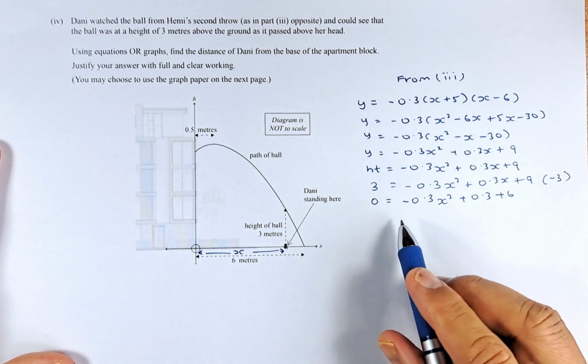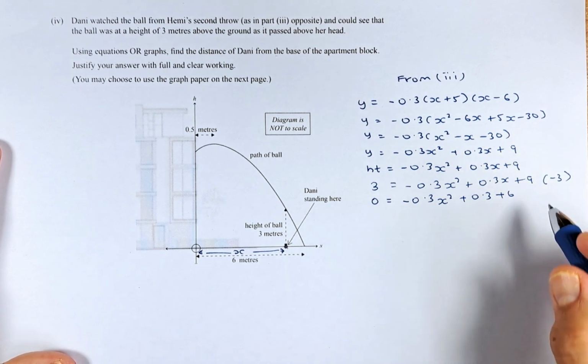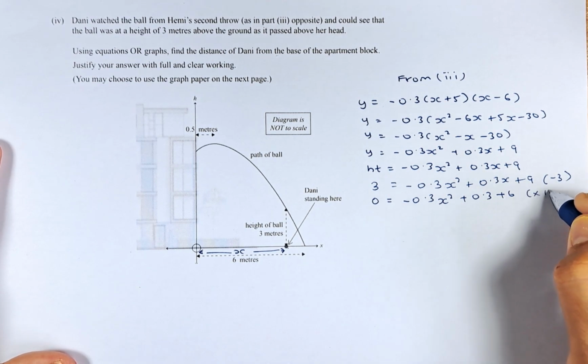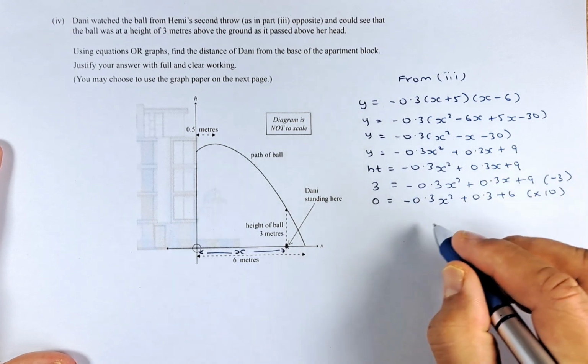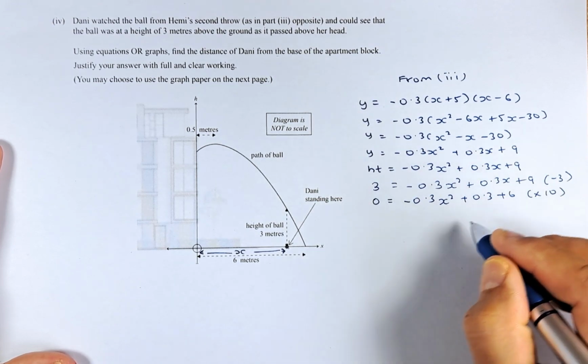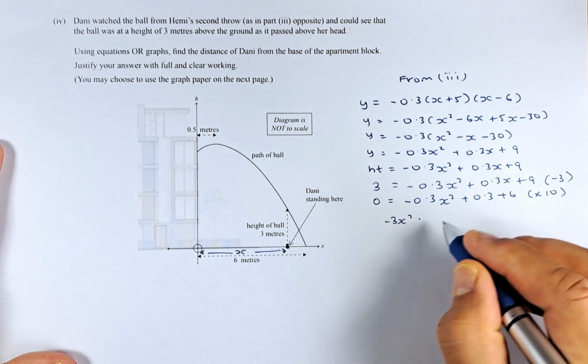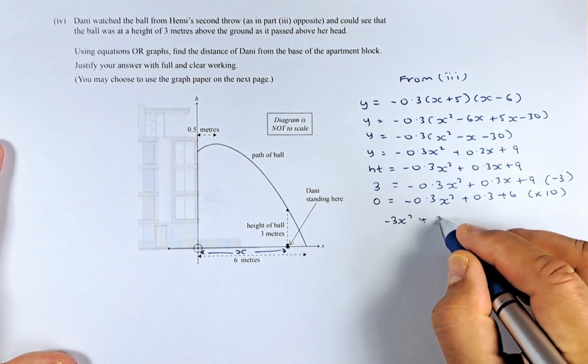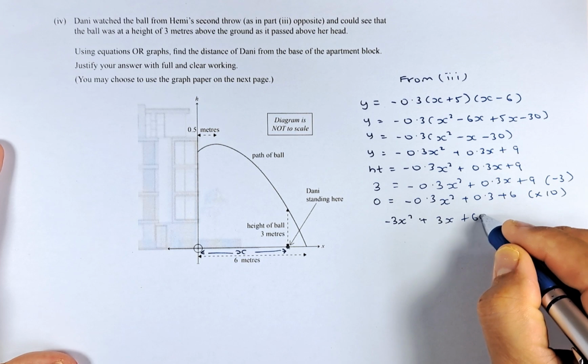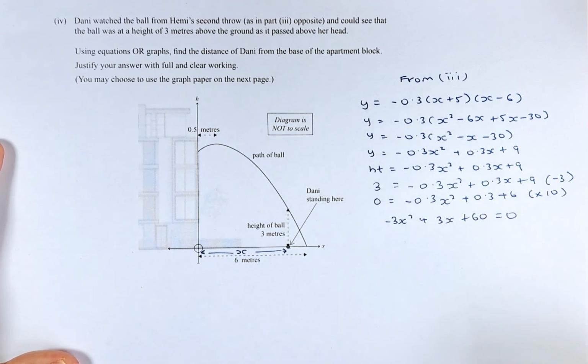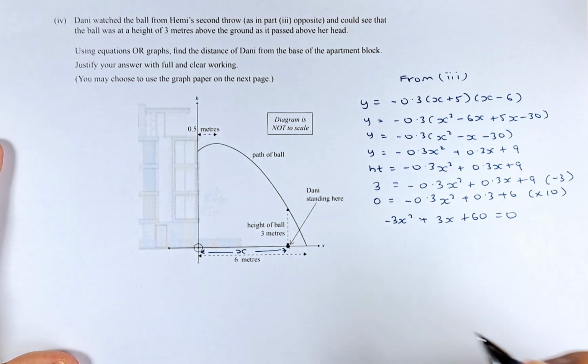Now, to get rid of the decimal, we are going to multiply everything by 10. So we're going to swap around, so 0 will be at the end there. So it becomes minus 3x squared plus 3x plus 60 equals 0. So now the next step we're going to do is to get rid of the minus sign.